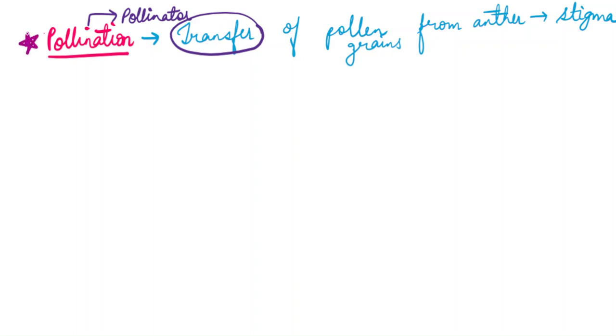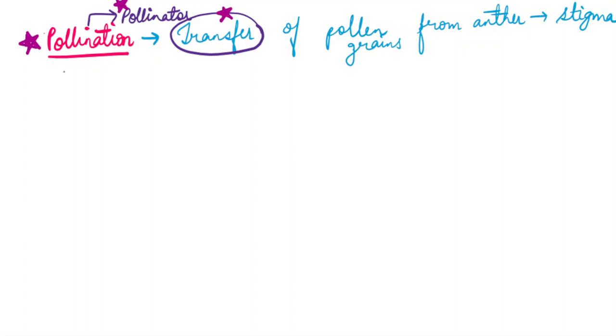Now we understood these three things: what is the meaning, who is doing, and why there is a need of pollination.